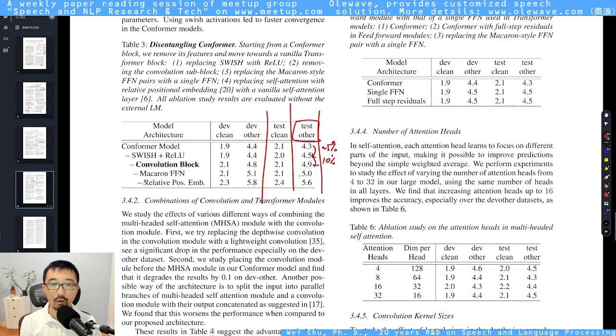And regarding the Macaron FFN, I do not see much difference. This is like 2%, right? Not much difference. And also the relative position embedding. This is important, and this has been proved before. This is like another 10%. Okay.